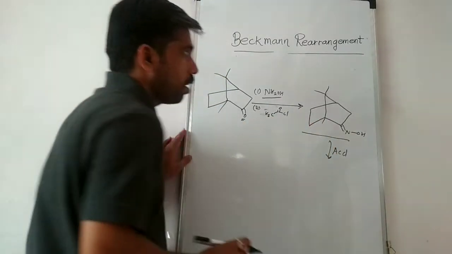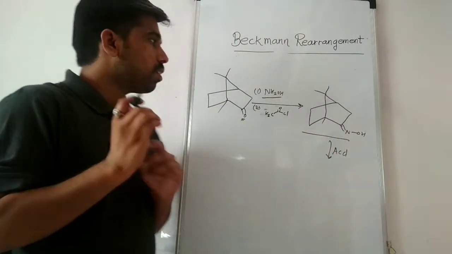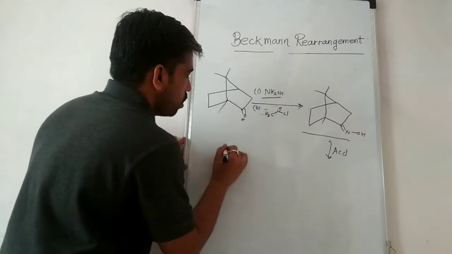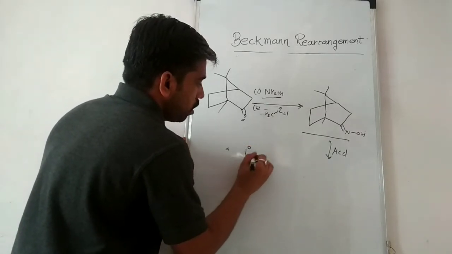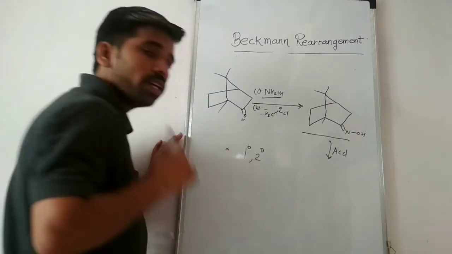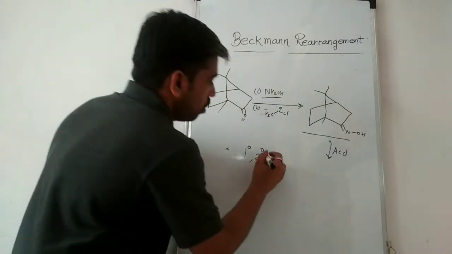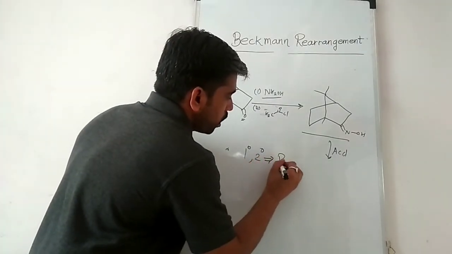Migrating group is tertiary, and remember one thing: if the migrating group is primary or secondary, then only Beckmann rearrangement is possible.